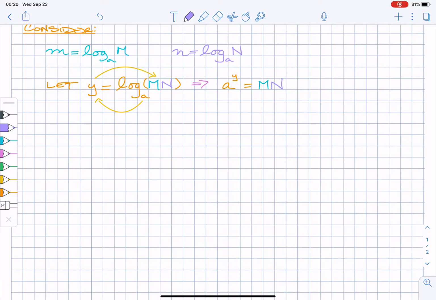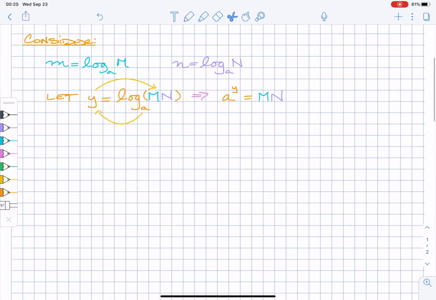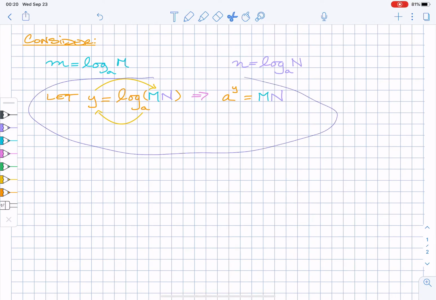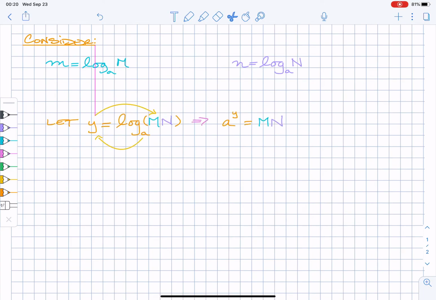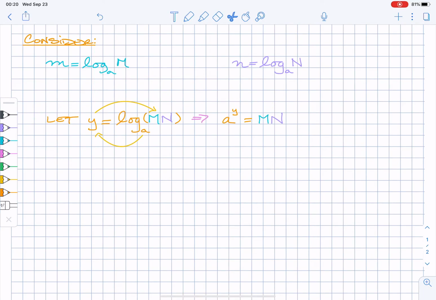But I forgot, I should probably be explicit up here. Okay, if I have little m is equal to log base a of capital M, do we agree this is equivalent to saying base a raised to the answer little m is equal to capital M?